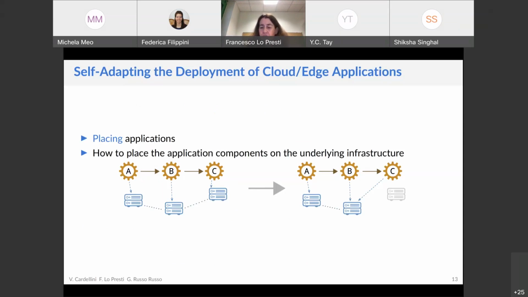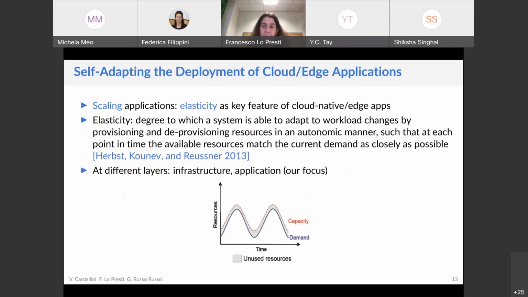But in our tutorial, we will not focus on placement, only marginally, and we will rather focus on the elasticity of applications. That means how to scale the application.